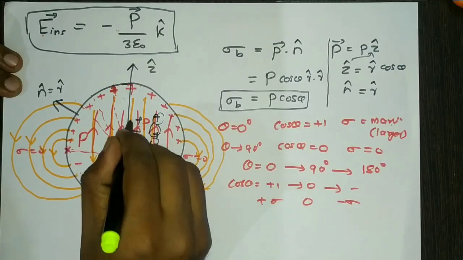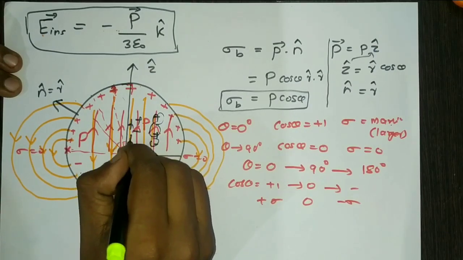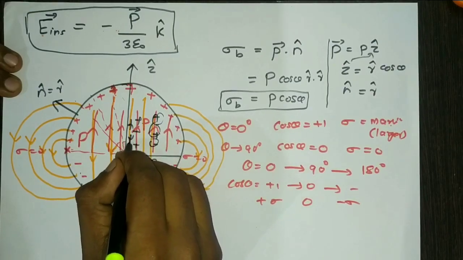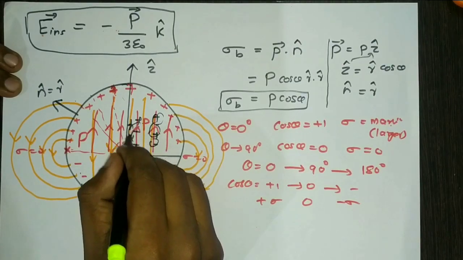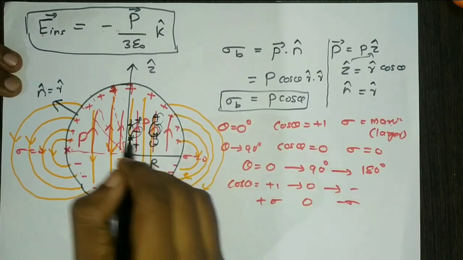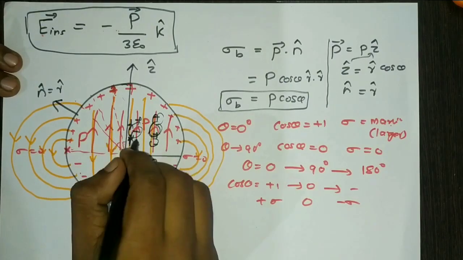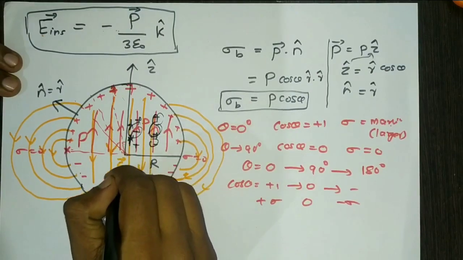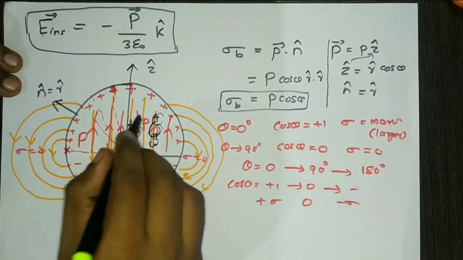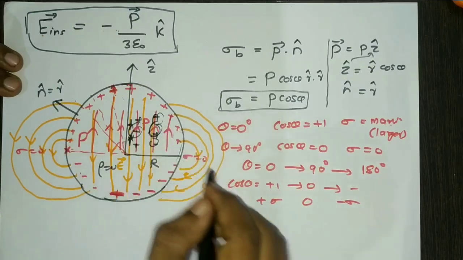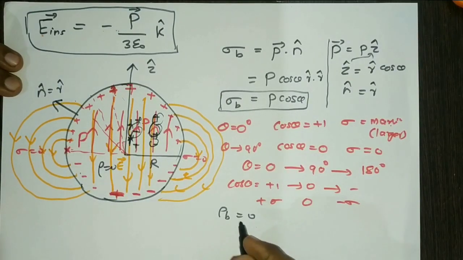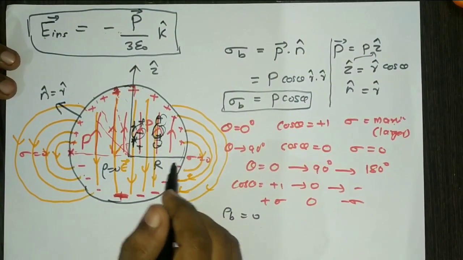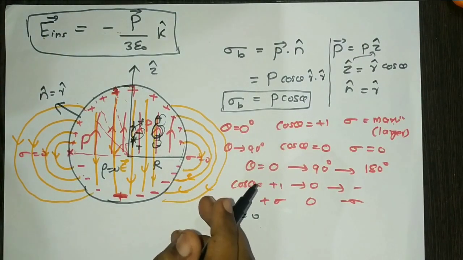Therefore, the total volume charge density will be 0 in this material. Rho B will be 0. Only the surface charge exists. Therefore, rho B will be 0, but surface charge density will be present. Okay, thank you very much for watching.